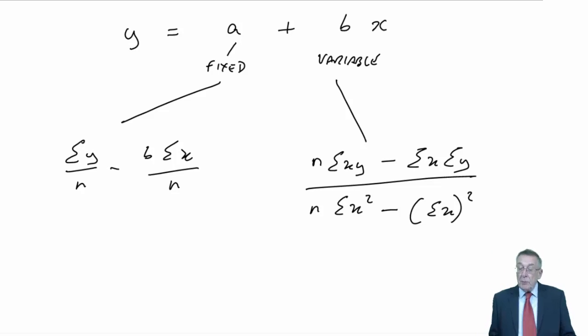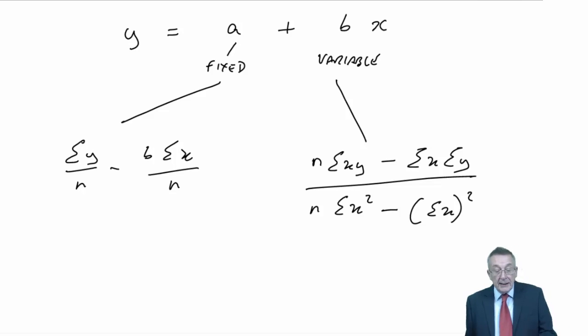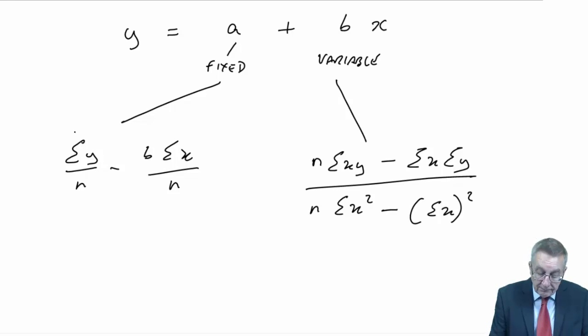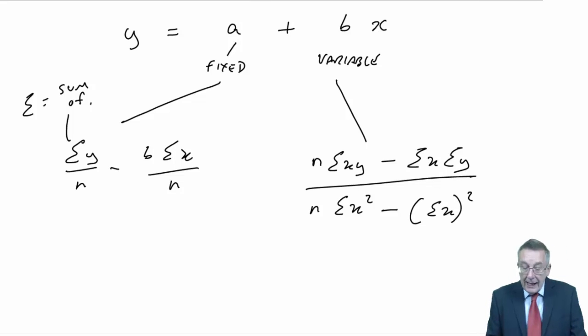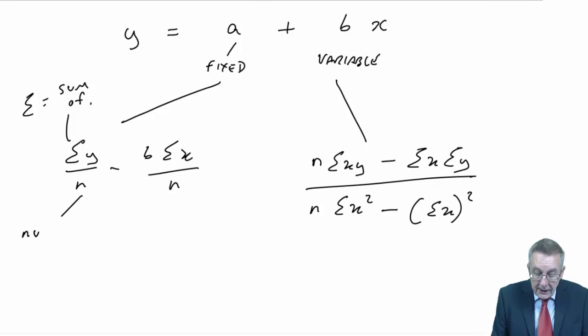Now, it's better seen with numbers, and I'm about to, but sigma means sum of, as you're going to see. n is the number of pairs of observations.